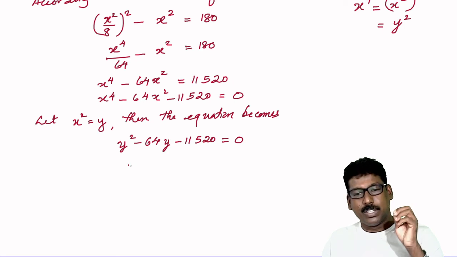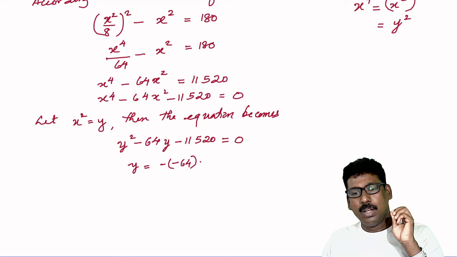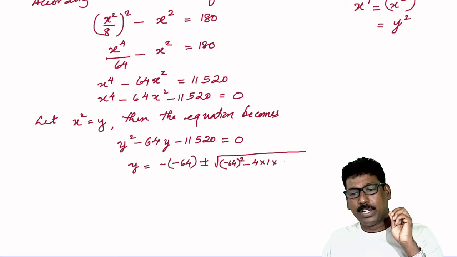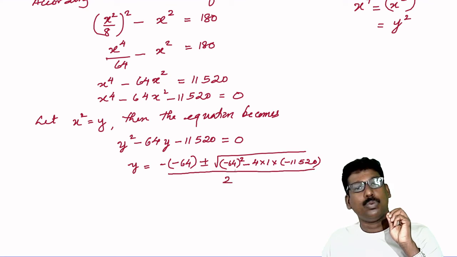Now let me solve this equation. y you can write as negative b, that is negative of negative 64, plus or minus square root of b square, that is negative 64 the whole square, minus 4ac, means 4 into 1 into negative 11,520, whole divided by 2a, that is 2 into 1, 2.